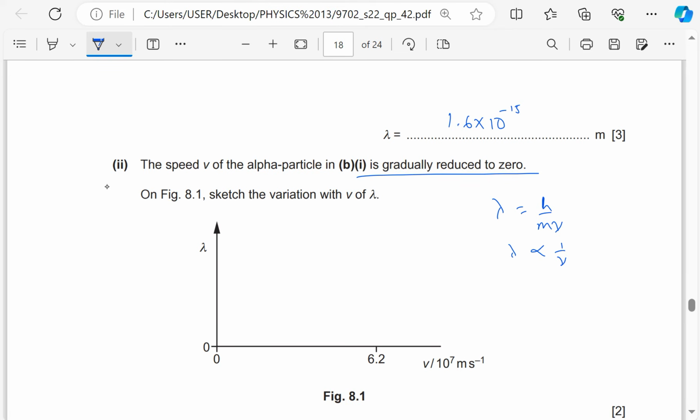Of course, if v tends to 0, lambda tends to infinity, and the reverse is also true: as lambda tends to 0, v tends to infinity. So I'll just draw a curve which is asymptotic to the axes but not touching any of them.